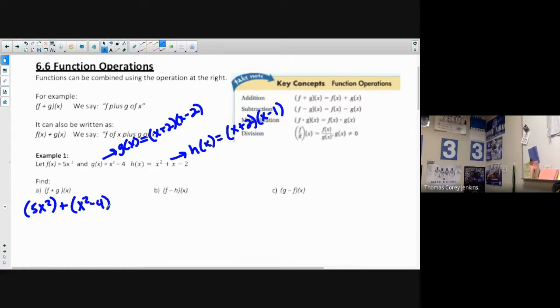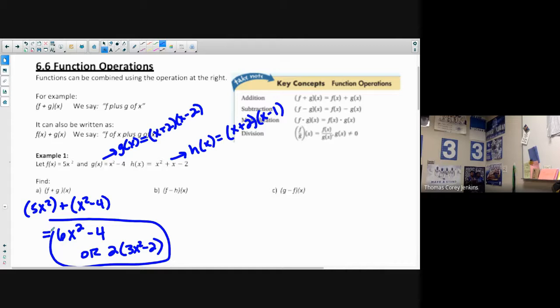So when I add those two together, I'm just combining like terms. 5x squared plus 1x squared is 6x squared. And then you have that minus 4. So that would be our rule. Or if you wanted to write that a different way, you could write it as 2 times the quantity 3x squared minus 2. Either way, okay.